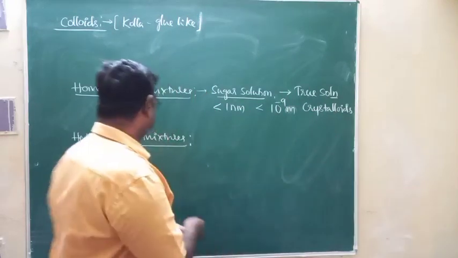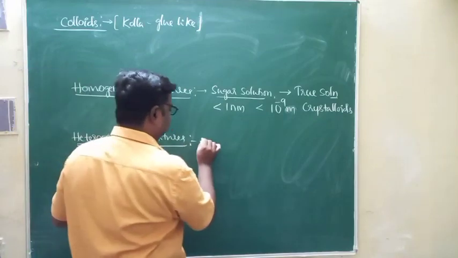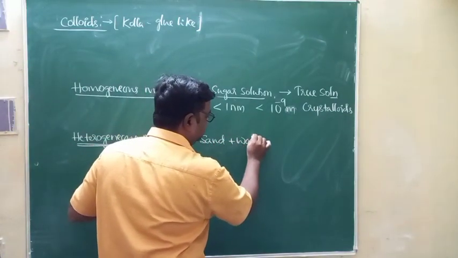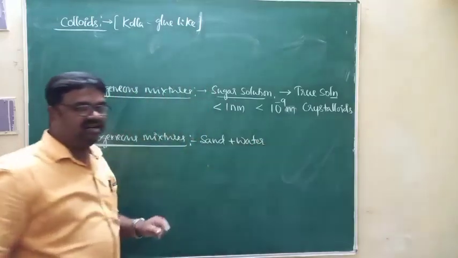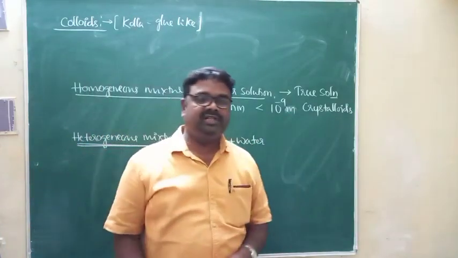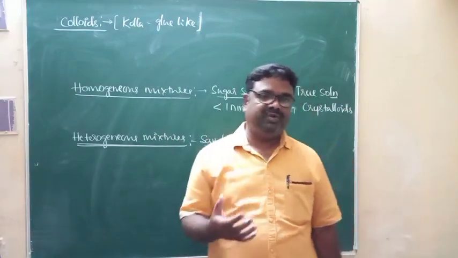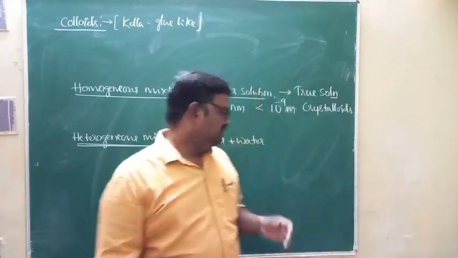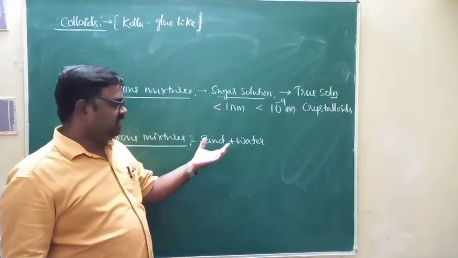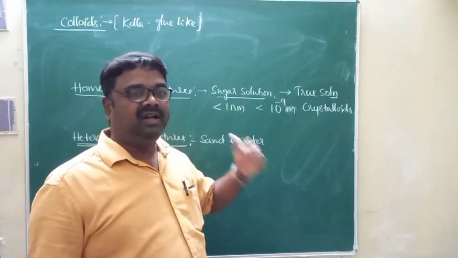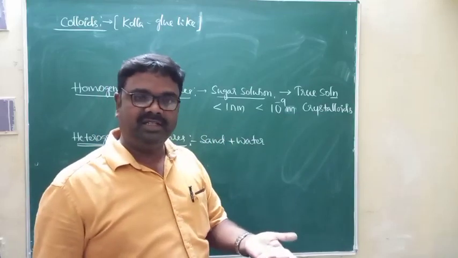And as far as heterogeneous mixtures are concerned, I'll give one example, that is a mixture of sand and water. Here the sand particles are not uniformly distributed throughout the water. That's why it is a heterogeneous mixture. In this mixture, sand particles are clearly visible to your naked eyes, is it not?